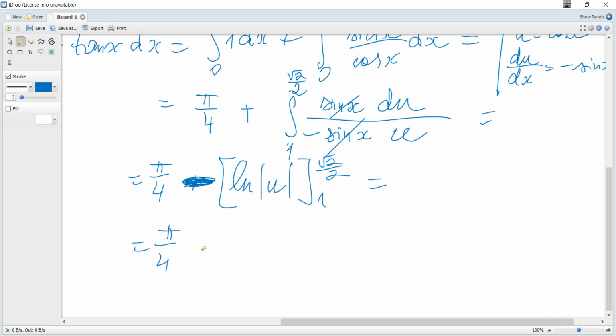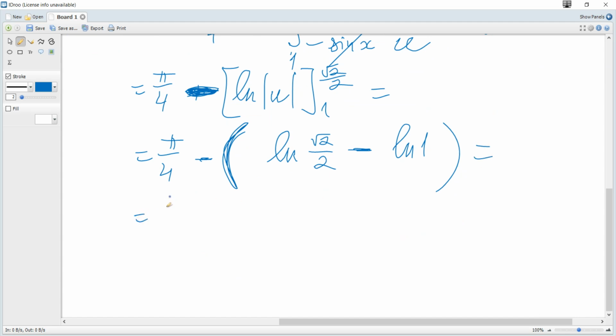So it becomes pi over 4 minus, we substitute the upper limit, ln of root 2 over 2. It's positive, so absolute value bars are not required. And minus, we substitute the lower limit, ln of 1, which is 0. It becomes pi over 4 minus ln of 1 over root 2, and root 2 is 2 to the power of a half, so it becomes 2 to the power of negative a half, and we know a property that this moves in front.